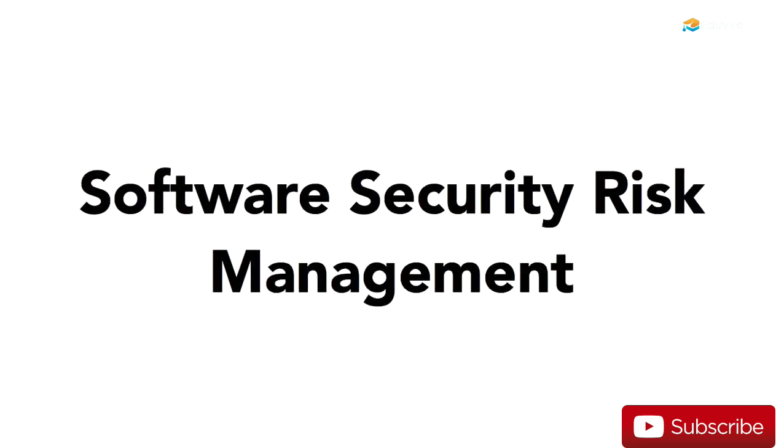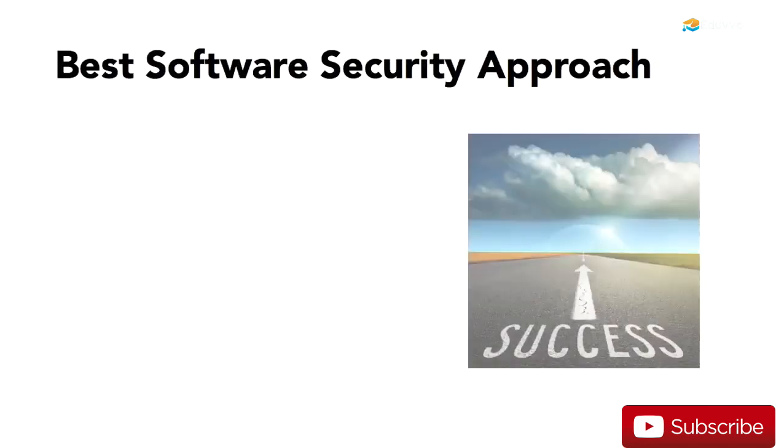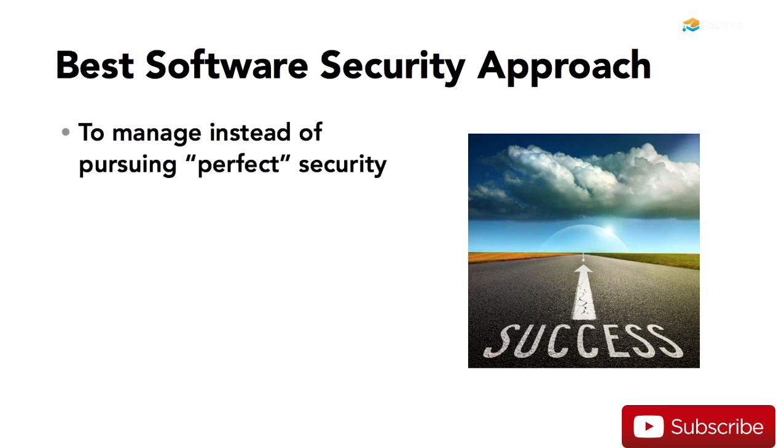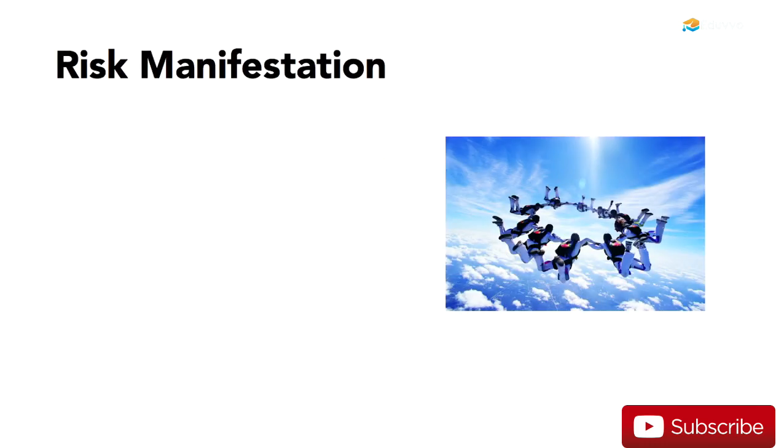Acknowledging the fact that there is no perfect software security is the first step in mastering software security. The most practical way to handle software security is to manage it as you have to do when dealing with a chronic illness. This is why risk management plays a crucial role in coping with the challenges of software security.